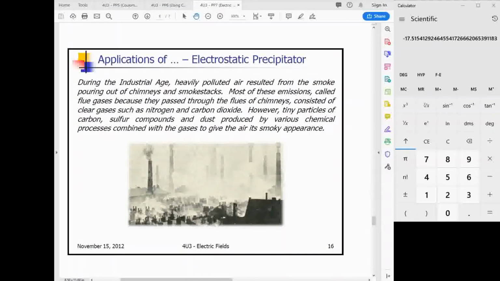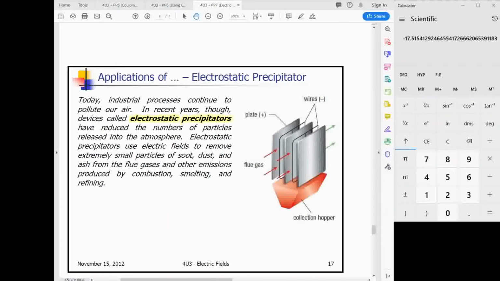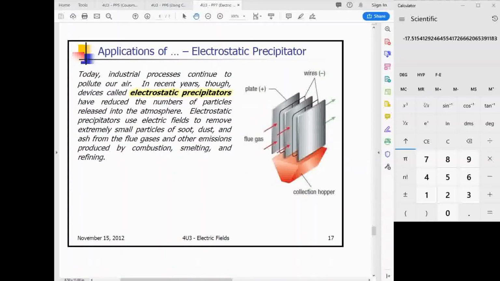So with an electrostatic precipitator, which is essentially an electric field, it will attract those particles, and they will not go out inside the smoke. This goes a bit further into how electrostatic precipitators work. You really just need to know what they are in terms of this course. If you're really interested, you can do some research yourself, but I just need you to know what they are.